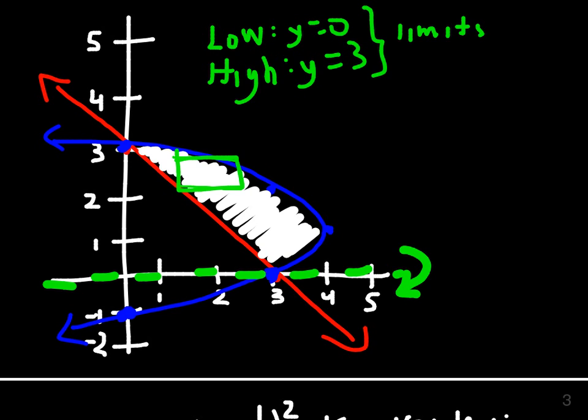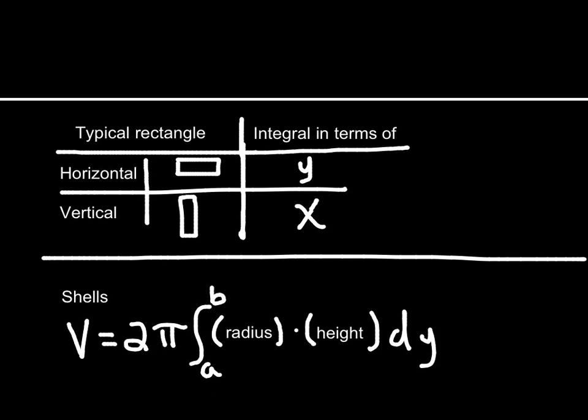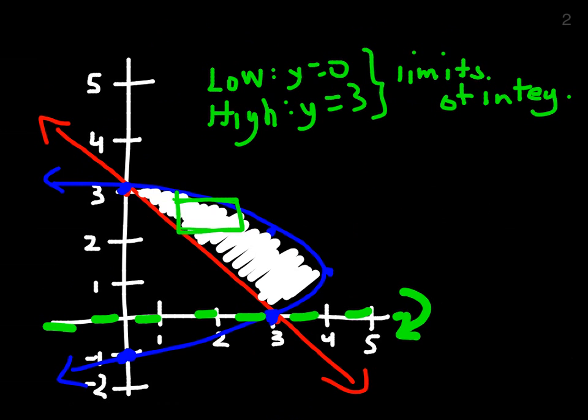Now we have to find the radius and the height. Remember, with shells, the formula is 2 pi, the integral from a to b, the radius times the height, in this case dy. So let's go find the radius. How do you find the radius? You draw a line that goes from your axis of rotation up to your rectangle.